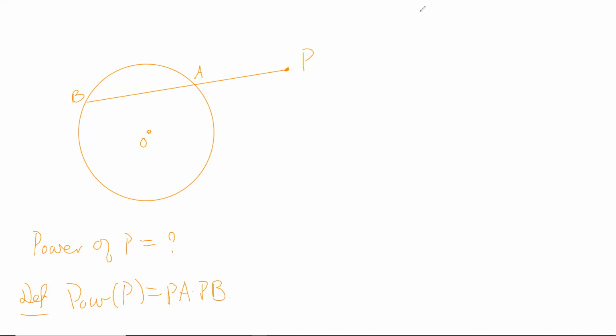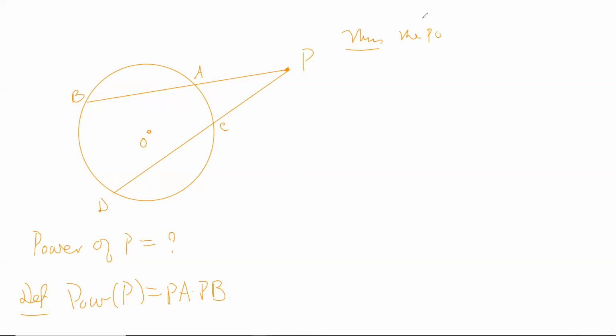Now the question is that if you define this, there's a problem, right? Why is it well defined? You agree? Well defined means, what if you choose a different secant line? So here's the theorem.